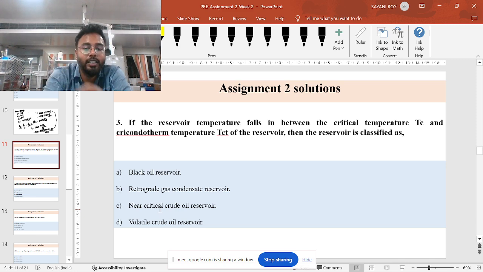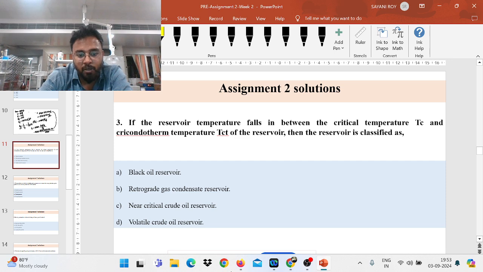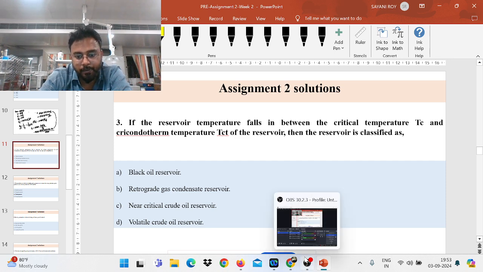If the temperature is between the critical temperature and the cricondentherm temperature of the reservoir, then the reservoir is classified as black oil, retrograde gas condensate, near critical oil, or volatile oil reservoir.